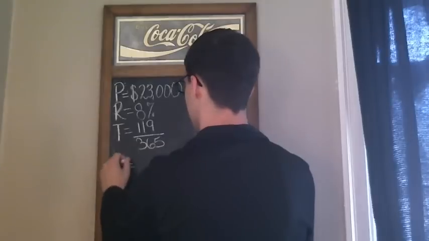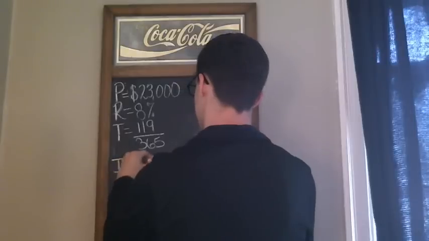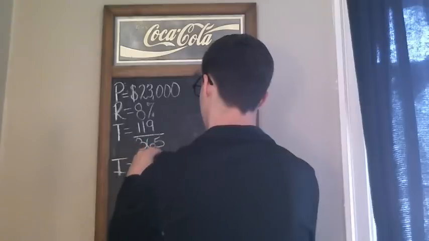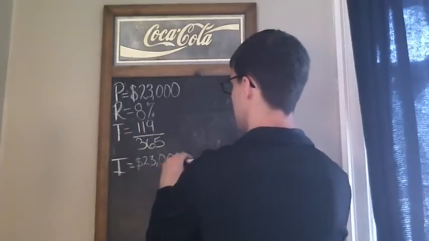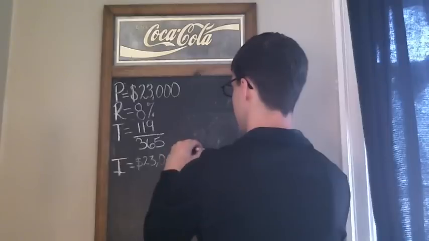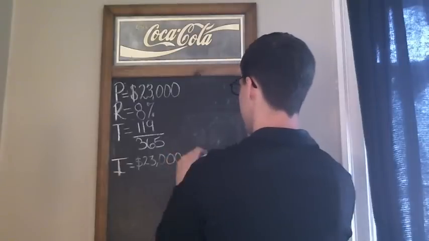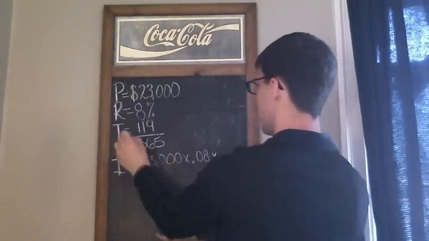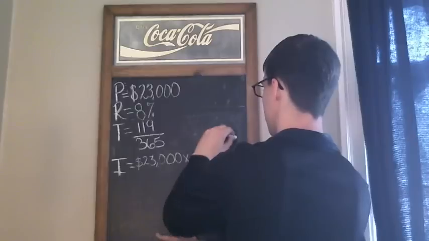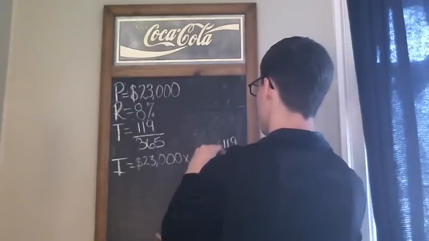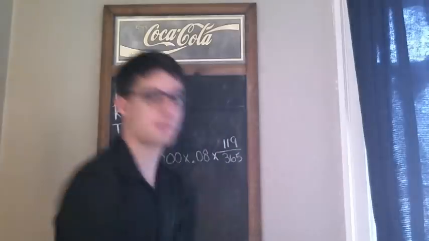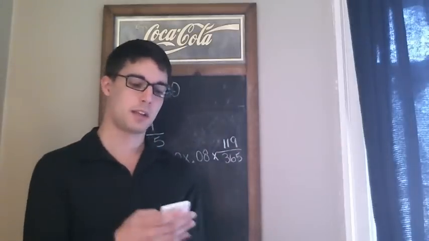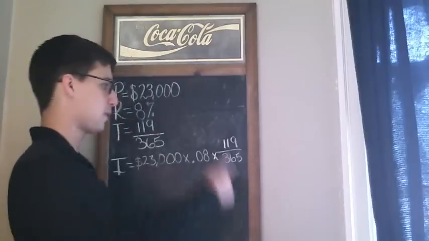And then we're just going to use that same formula again. Interest equals 23,000 times our 8%, 0.08, times our time, 119 over 365. Now, when I'm putting these in my calculator, I like to go backwards.